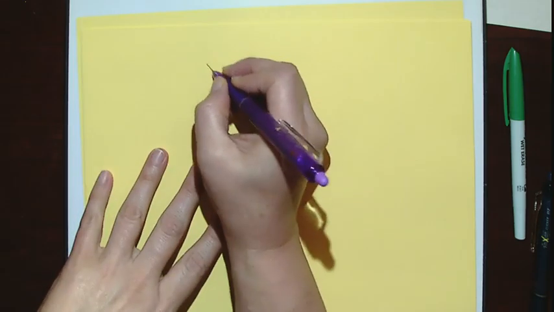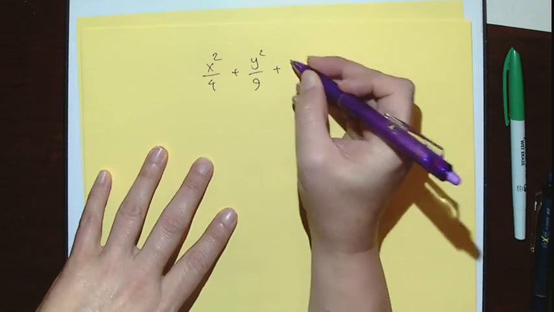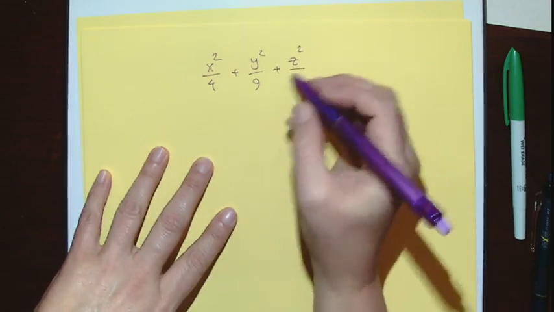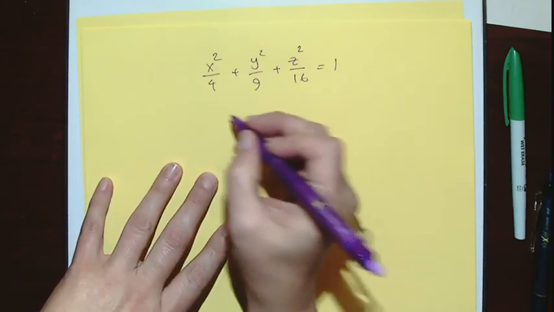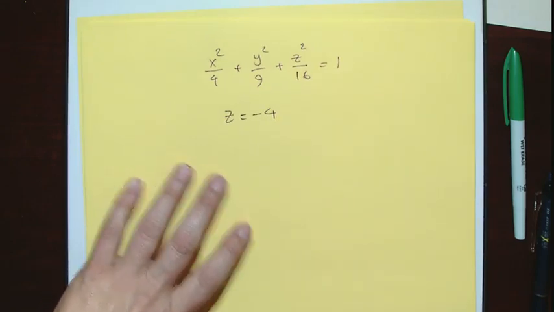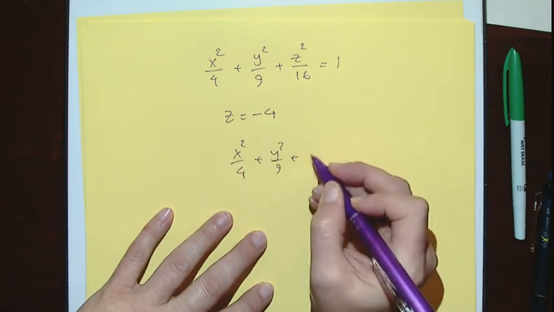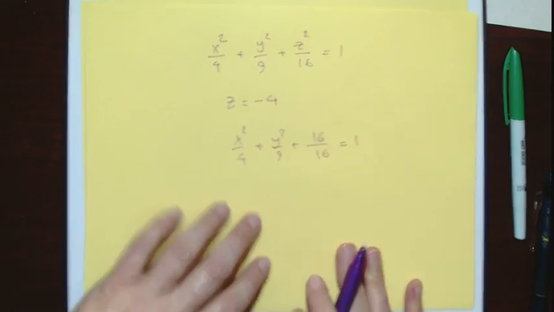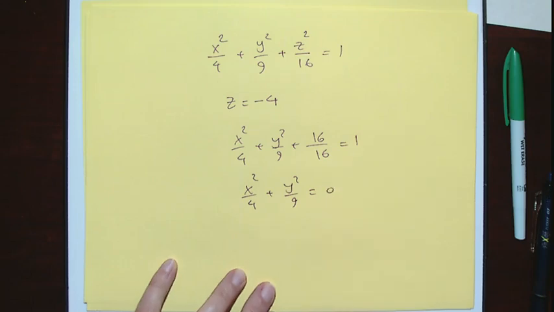I forgot to make that a solid example. I still had a and b in there. Let's say I have x squared divided by 4 plus y squared divided by 9 plus z squared divided by 16 equal to 1, right? Z equal to negative 4, what does it give me? It gives me this cross section, which is x squared divided by 4 plus y squared divided by 9 equal to 0.